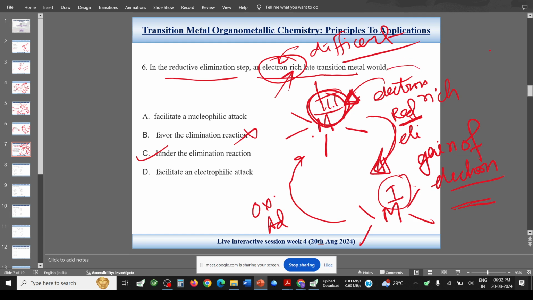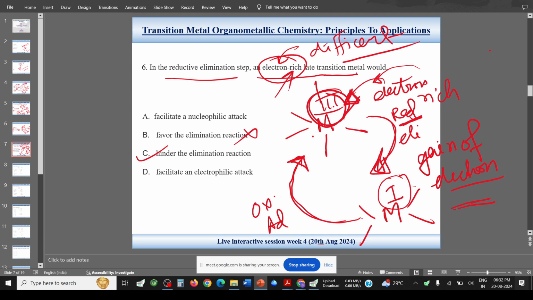So for the reductive elimination process, the metal center should be electron deficient, and for the oxidative addition process, the metal center will be electron rich. In oxidative addition, going from the +1 oxidation state, it is losing its electrons, which it can do when it has more electrons.